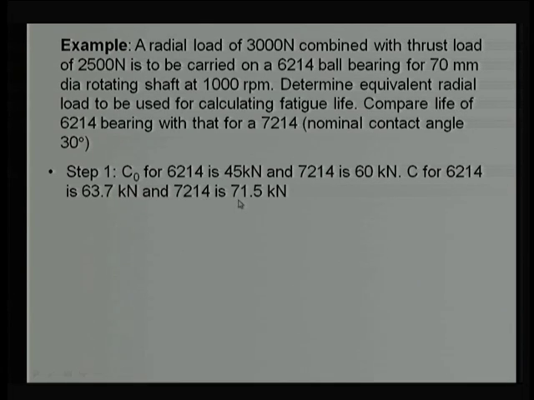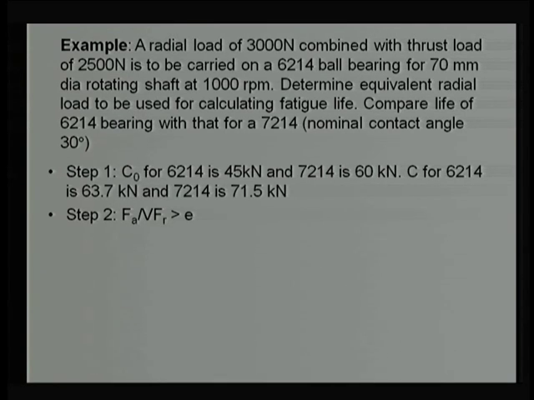For the 7214 bearing C is 71.5 kilonewton, which is greater than 63.7 kilonewton. As the dynamic load carrying capacity of this bearing is higher, naturally the 7214 bearing should perform better.